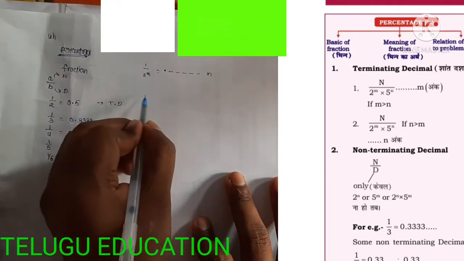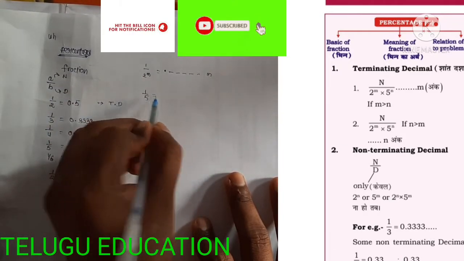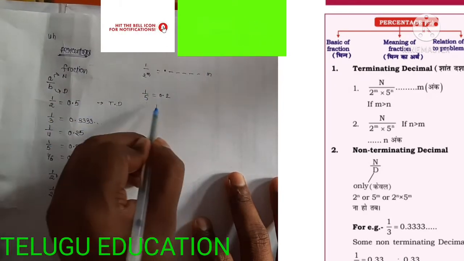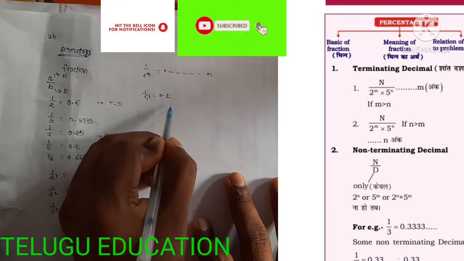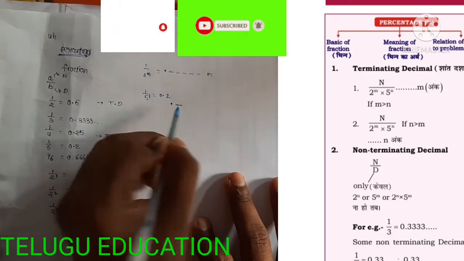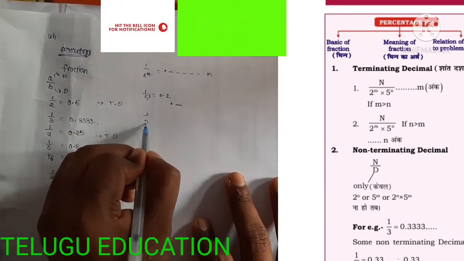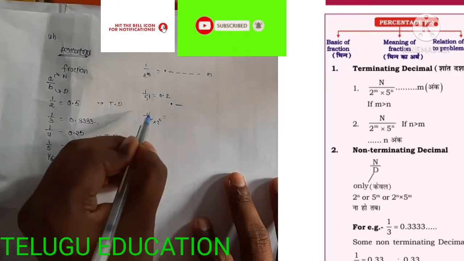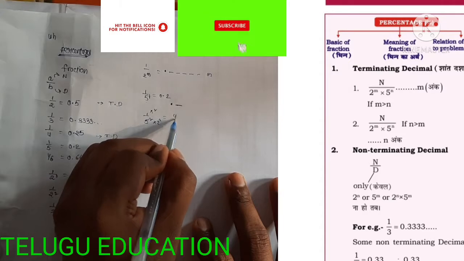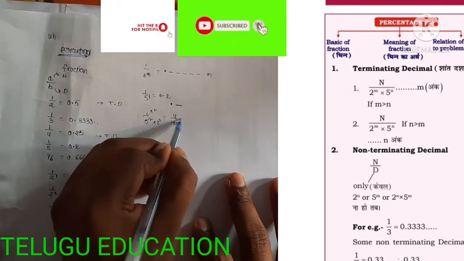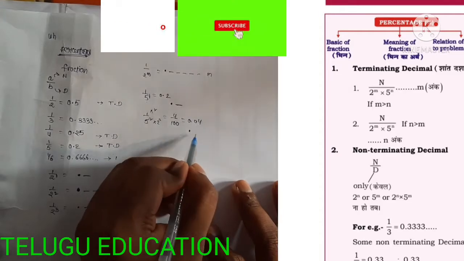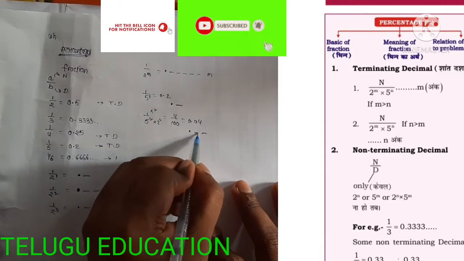Okay, so 1 by 5. The value of 1 by 5 is 0.2. That means 5 power 1: after the decimal point you have to get one digit. So 1 by 5 square, the value is 1 by 5 square, which is 2 square into 2 square over 10 square, so 4 by 100. The value is 0.04. So after the decimal point you have to get two digits.